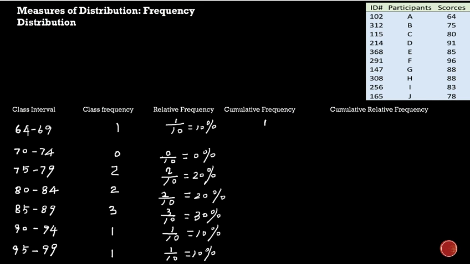The second category is 1 plus 0 equals... oh my goodness, how could I make this big mistake?